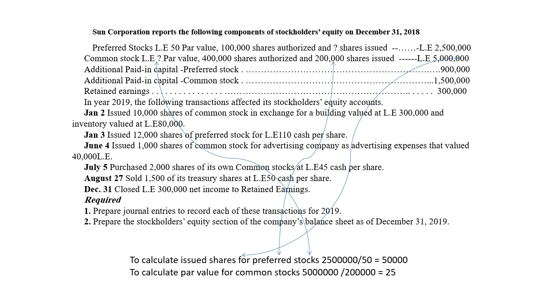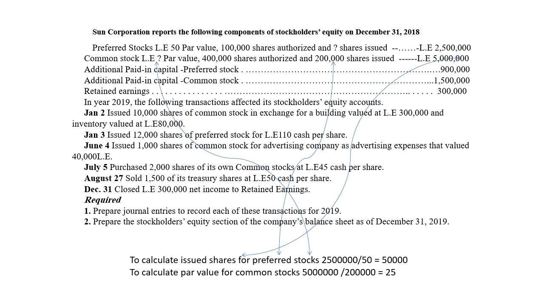The number of shares issued is not given, but we are given the par value and the total value of the preferred stock capital. So if we divide 2,500,000 by 50, we get the issued shares of the preferred stocks, which is 50,000.